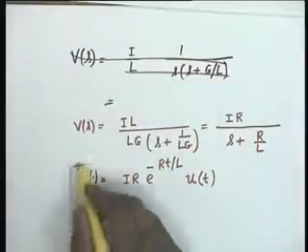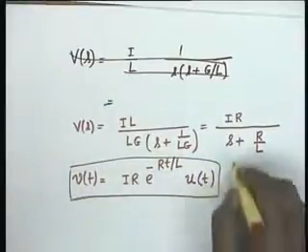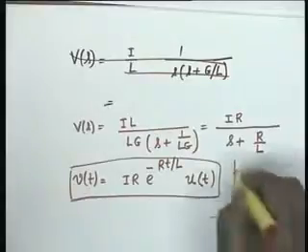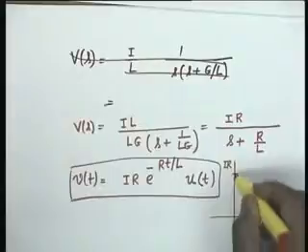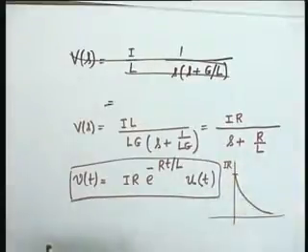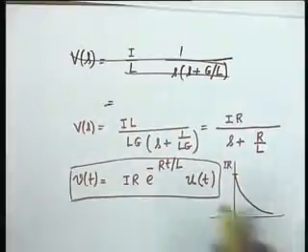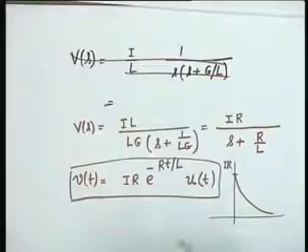This is the voltage solution, and you can see that the voltage starts from IR and decays with time. Is there any question up to this point? No, do not allow me to make a mistake.